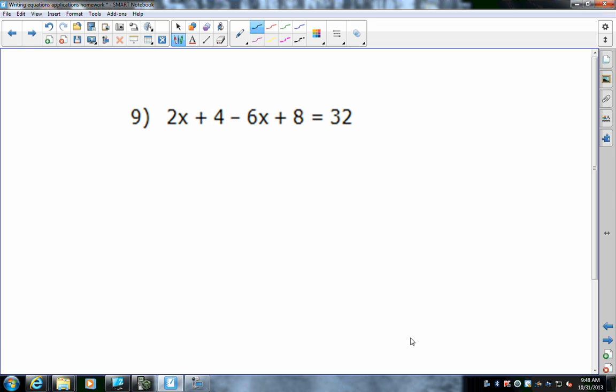Number 9. My equal sign is right here. On the left, put together your x's first. So I get 2 minus 6. That's negative 4x. Then I have 4 plus 8, which is 32. It is not 32. Woo, what did I do? I was multiplying.